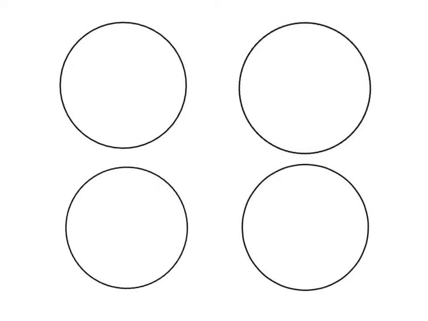So today for our We Do problem, we're going to start off with a quick note sheet. So I want you to pause this video and draw your 4 circles just like mine. Next up, I want you to draw your center point in each of the 4 circles.